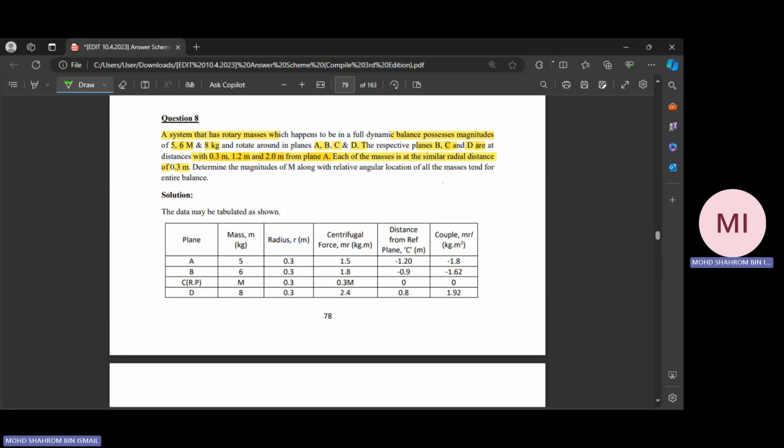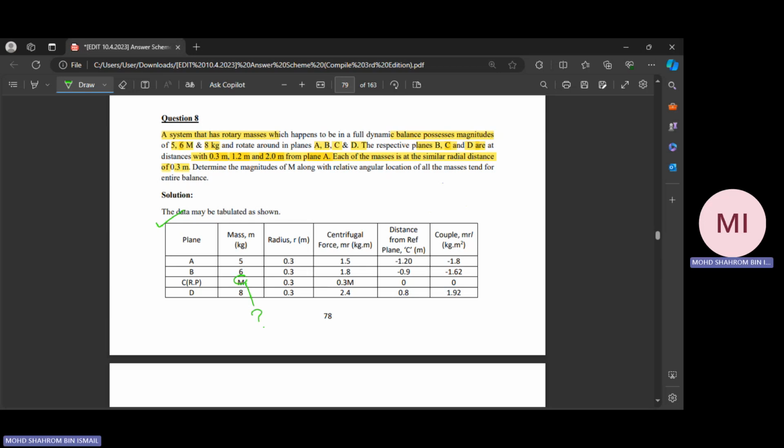It's great if you can work it out with a table, where the first column is the plane: plane A, B, C, and D. Then you put the mass, m, in kilograms: 5, 6 m, and 8, where m is unknown. This one we don't know.